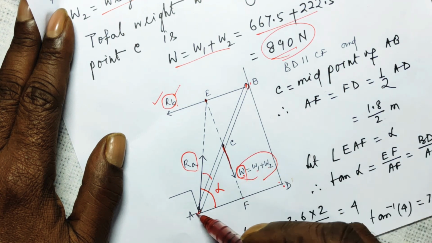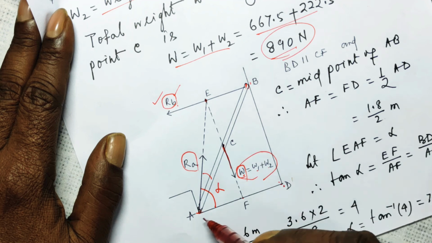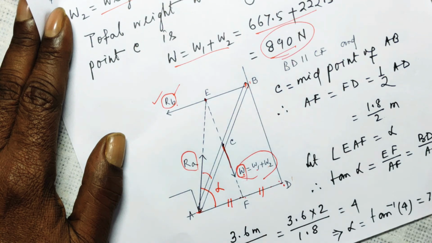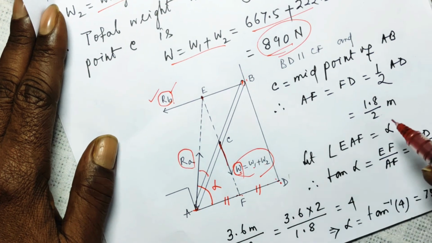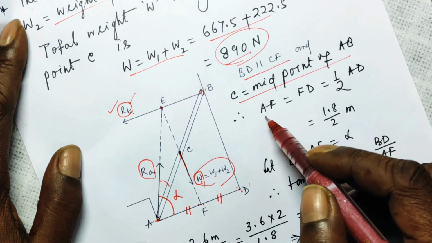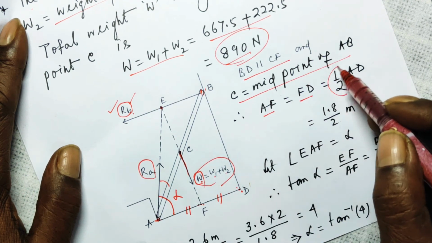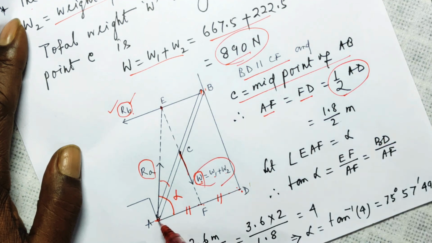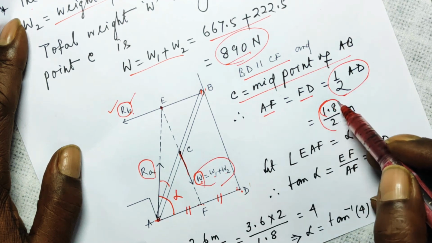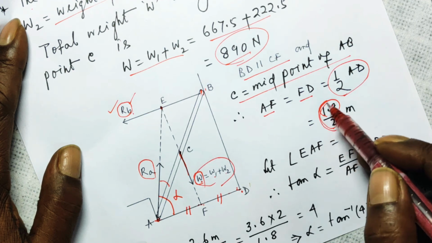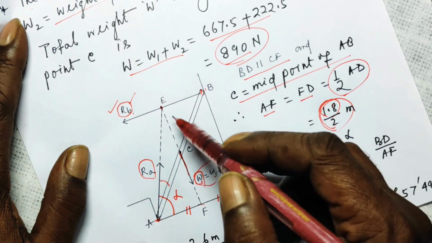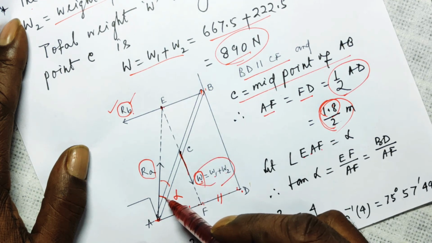So AD will be equally divided, means A to F will be equal to F to D. That is what I have argued here. Since BD is parallel to CF, and C is the midpoint of AB, therefore AF is equal to FD, equal to half of AD. From A to D is given as 1.8 meter, so half of that is 1.8 by 2. Now let angle EAF, this angle, be alpha.